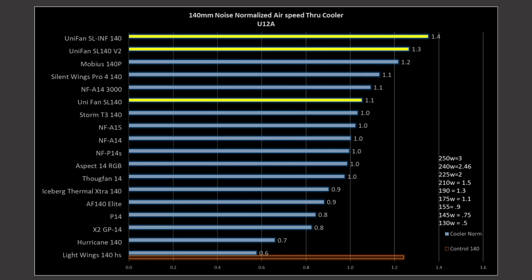But it does mean that if you upgrade to these higher performance fans from one of these lower ones, you're going to be able to run your system at a higher wattage for the same noise level, or you're going to be able to run your locked system, so non-K series, non-X series, or limited clock speed, cooler for the same noise level, or you could back off the PWM fan signal and run your system at the same original wattage, but at a lower noise level.